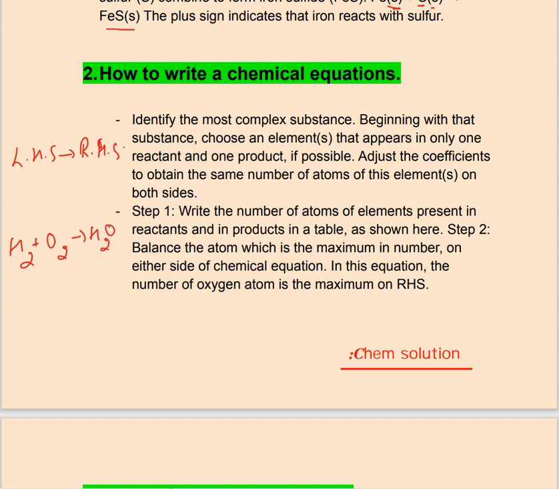So H is balanced, O is 2 here, so you will write 2 here. The coefficient you can write here 2. So 2 H2 plus O2 gives 2 H2O. This is the balanced equation. Left hand side is equal to right hand side. You have to balance with the coefficient number. So this is the formula for chemical equation. LHS is equal to RHS.